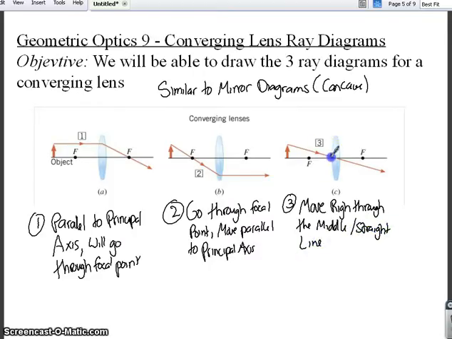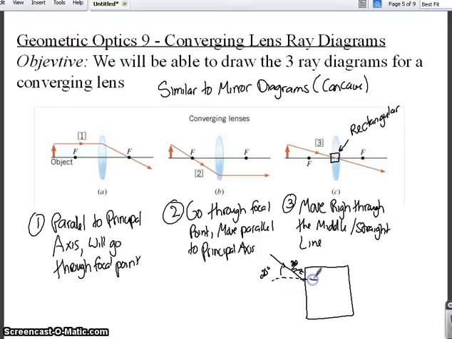This piece in the middle is like having a rectangular piece of glass, and we know from refraction that if a ray moves into the glass at say a 20-degree angle from the normal, it's going to bend towards the normal, like that. And then when it hits the normal right here, it's going to bend back away at 20 degrees.